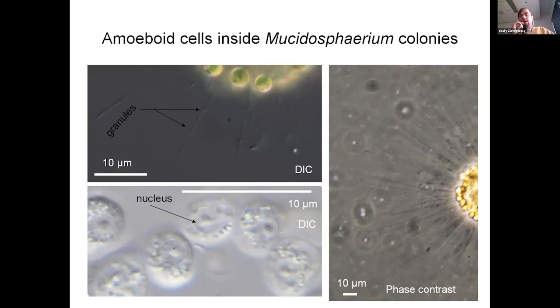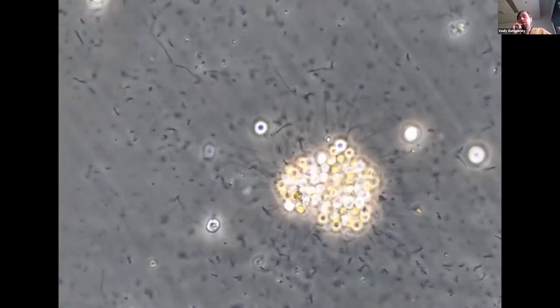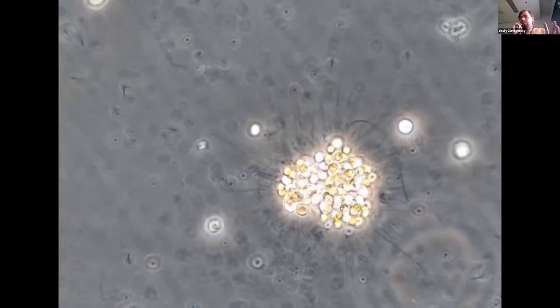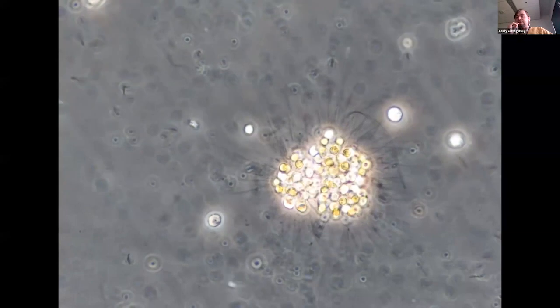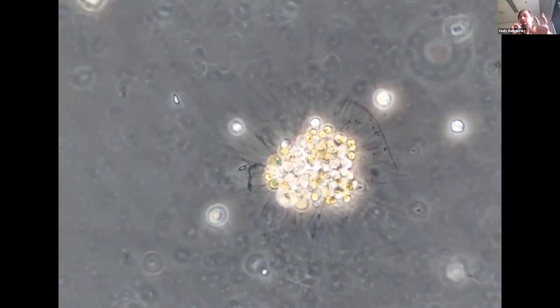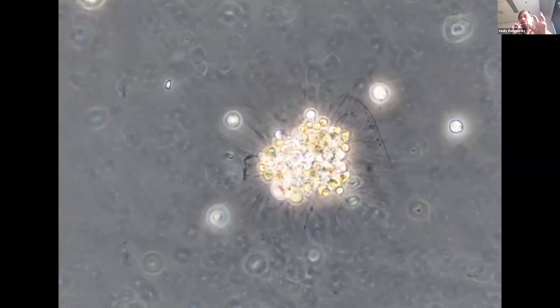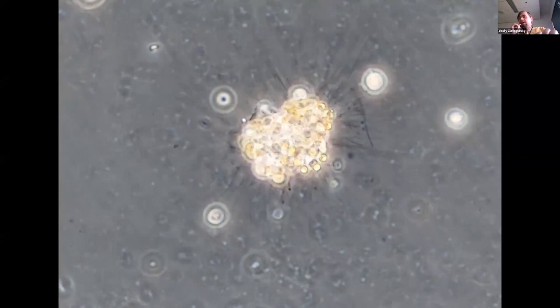Moreover, as I can show you with this four times accelerated video, the whole colony is capable of movement, which is not the case for uninfected colonies. So the whole colony can be gradually dragged across the substratum using pseudopodia.